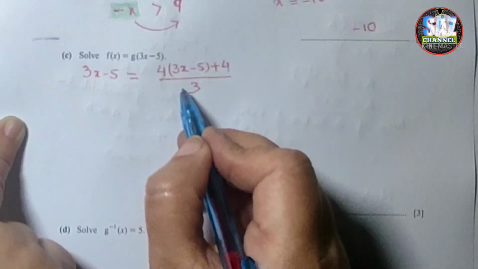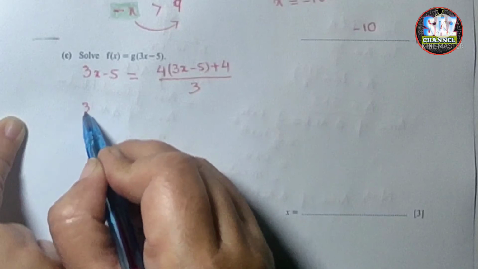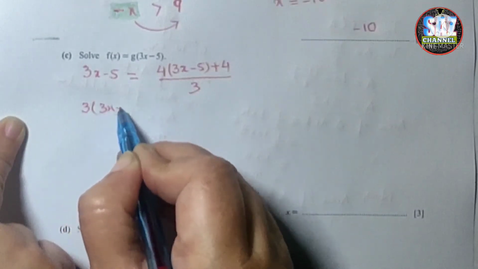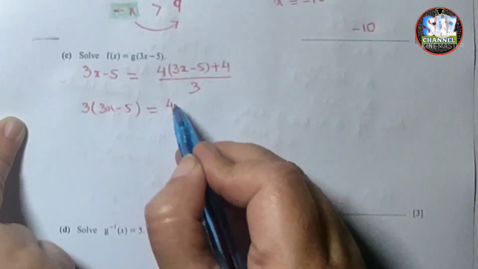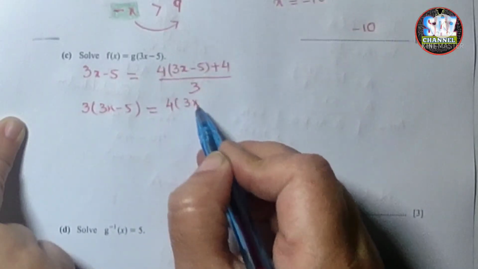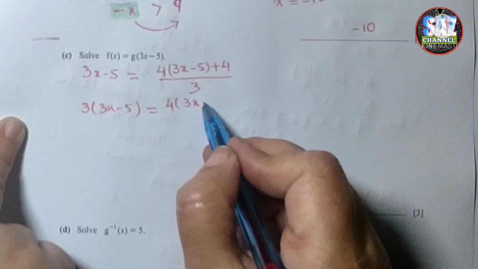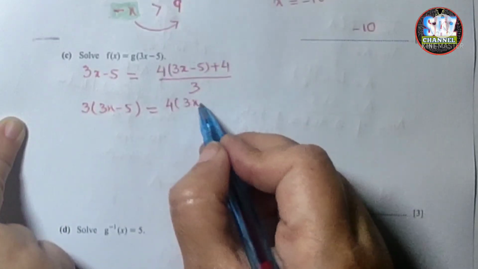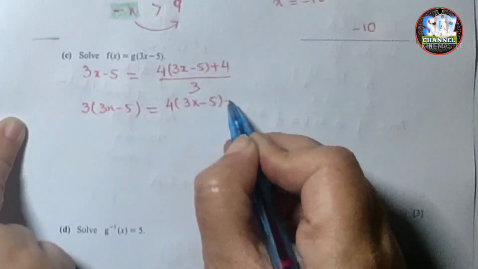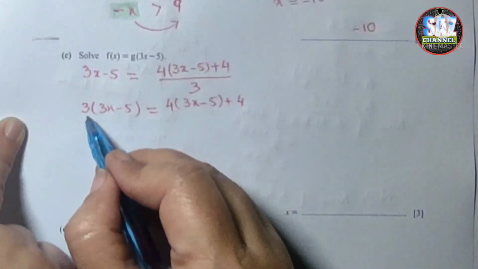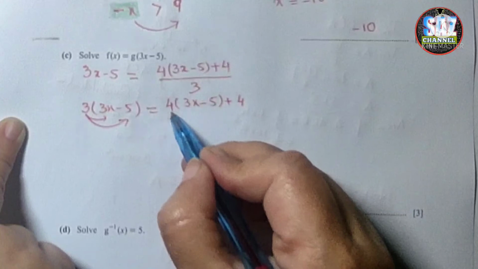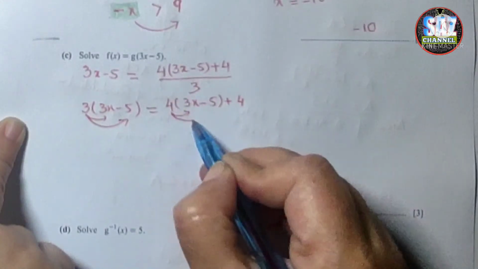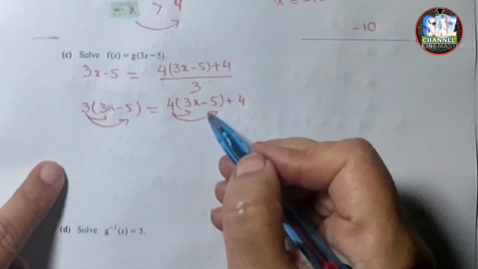And now what we can do is shift this 3 to the other side. 3 into 3x minus 5 equals to 4 into 3x minus 5 plus 4. Now apply the distributive property carefully, that we have to multiply all of the terms inside the bracket with the number which is outside.